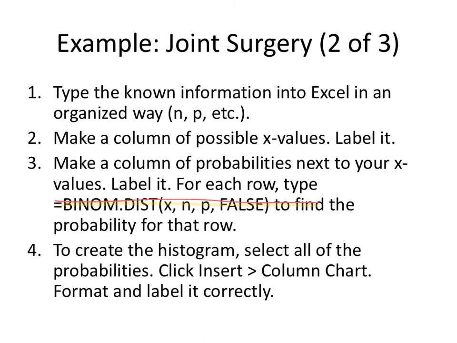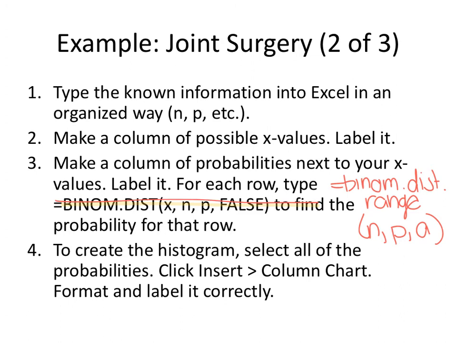So you're actually going to do equals binom.dist.range, parentheses, N, P, and then A is that value that you're looking for. To create the histogram, you're going to select all the probabilities and then click Insert, Column Chart, and then make sure that you format and label it correctly as we have done histograms in the past.